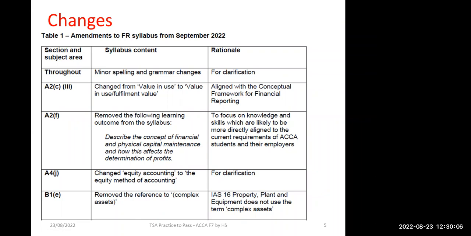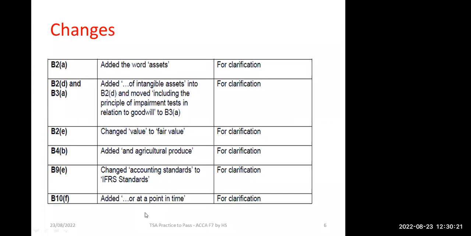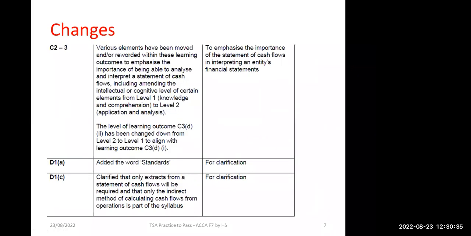They have removed the word complex assets from the syllabus because the term is not mentioned under IAS 16. There are also some areas where they added the word assets in the syllabus. So these are some minor changes.